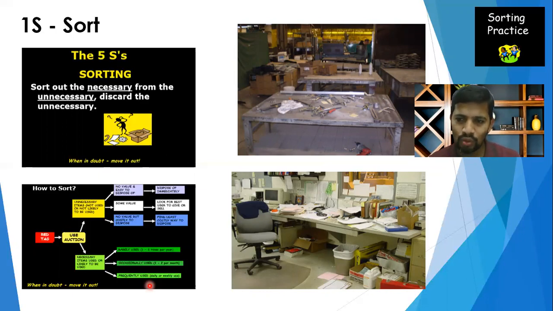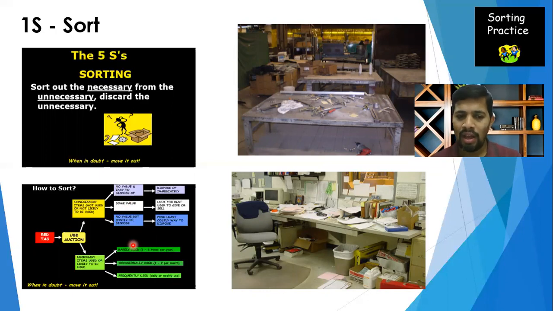You can slice and dice those things, but have a frequency as well. Okay, red tag. So I will give dark green, light green, and orange color. That's the first thing, sort out something. These are all things I'm using very rarely, so I'm going to sort them out.